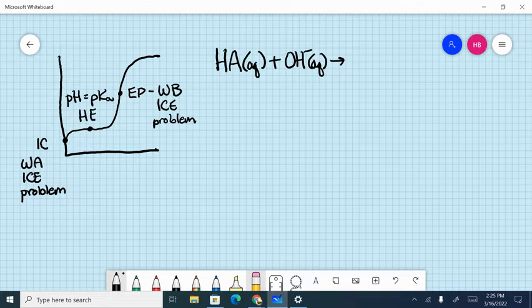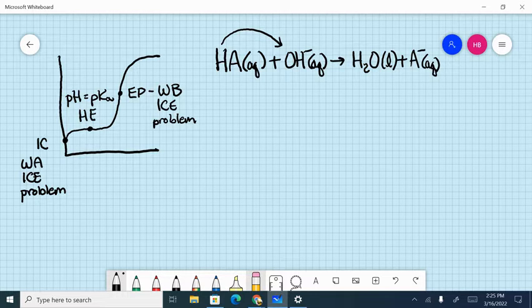So what's going to happen is the acid here is going to give a proton to the base. On the other side, the base is going to have a conjugate acid, and that's what it's going to look like after it takes an H plus from the acid. And the conjugate base is what's left over of the acid after it gives away an H plus. So this is a general form.